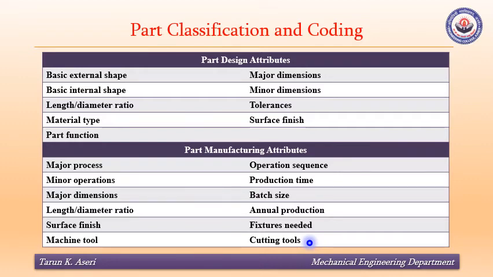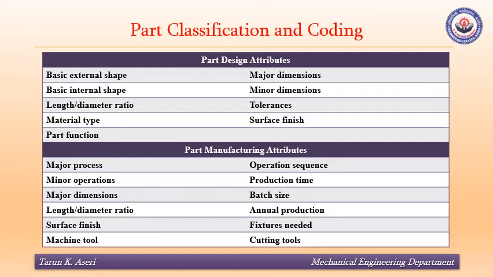Here you can observe that there are similar attributes, like length to diameter ratio, surface finish, and major and minor dimensions. Some attributes are similar in design and manufacturing attributes.